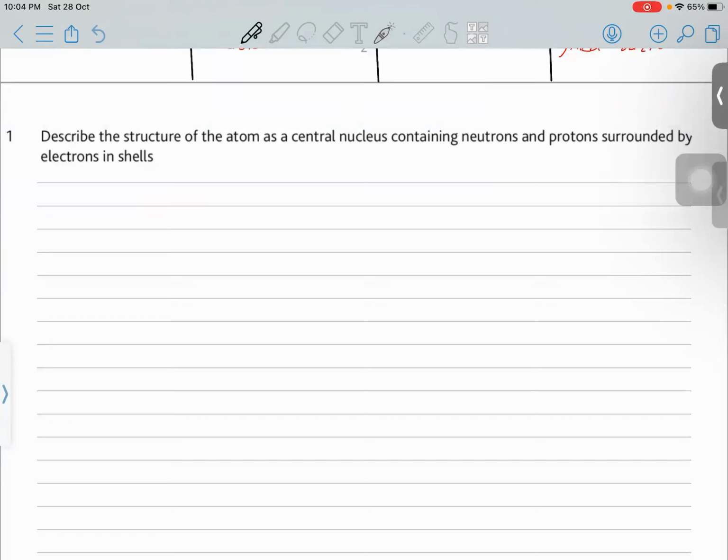So this is your next topic. Topic number 2. Describe the structure of atom.